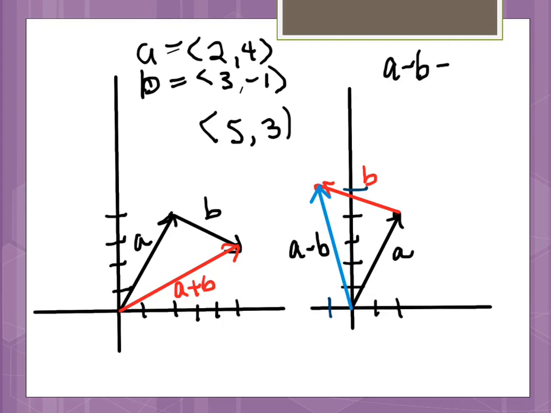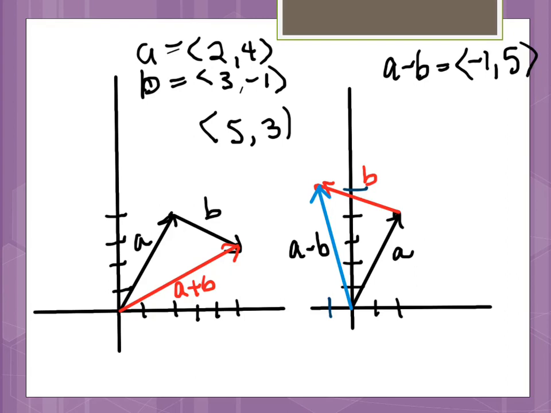What is A minus B component-wise over there with our values? Negative 1 and 5. And is it over left 1 and up 5? Yeah, that's where I ended up exactly, right? The coordinate pair. So this is a graphical picture of what's happening.